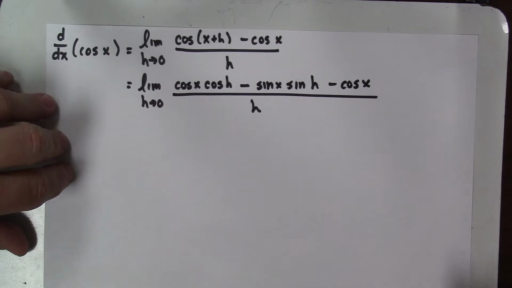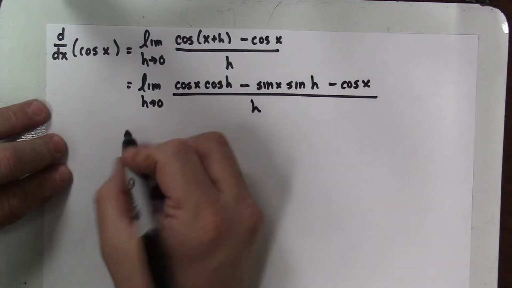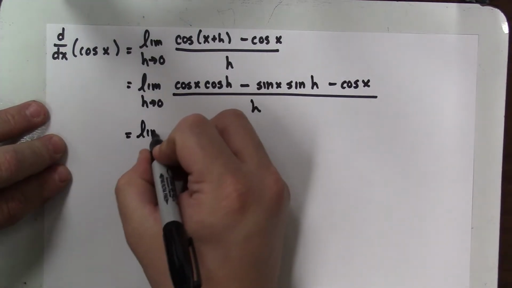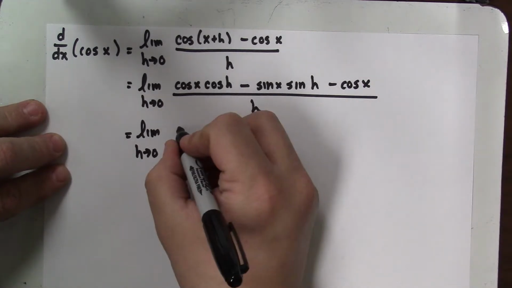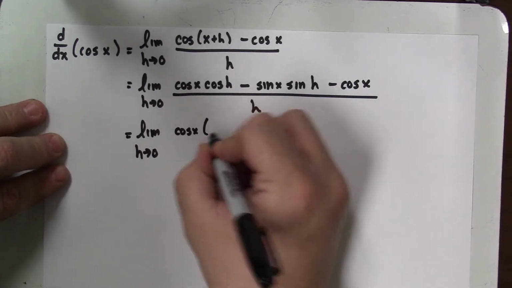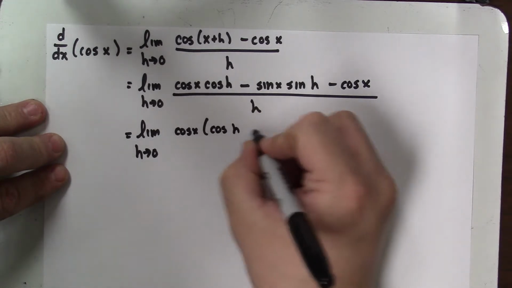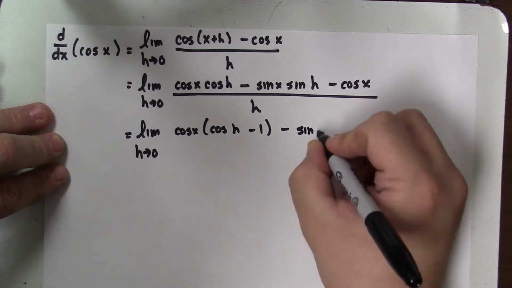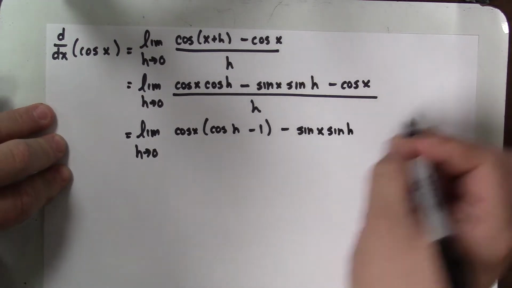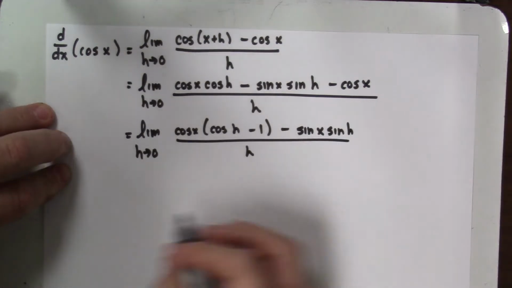And just like we did in the last one, I'm going to put the cos x's together. So I've got the limit, h goes to 0, of cos x times cos h minus 1 minus sine x sine h all over h.